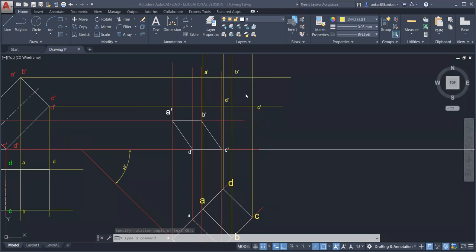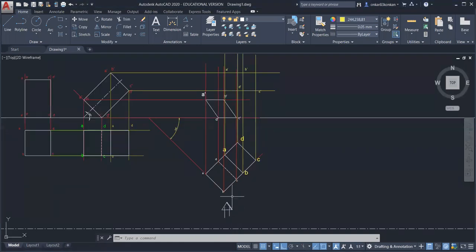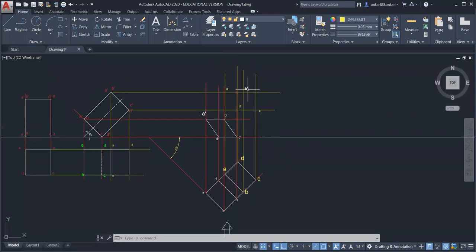These are the points A dash, B dash, C dash, and D dash. They will represent the top base. Now observe from this direction. If you observe from this direction, then only CB will be visible. So connect this CB, which will be a visible edge.